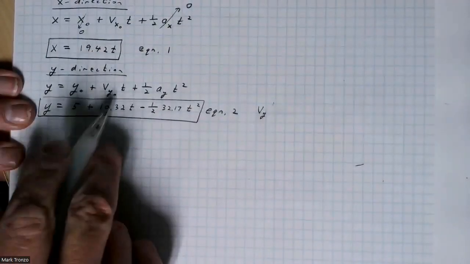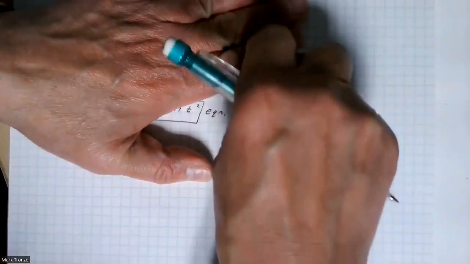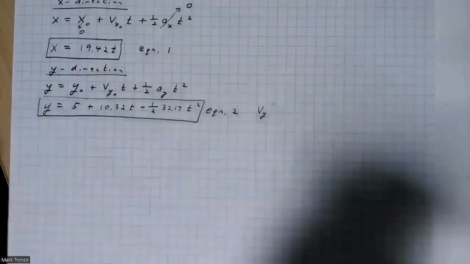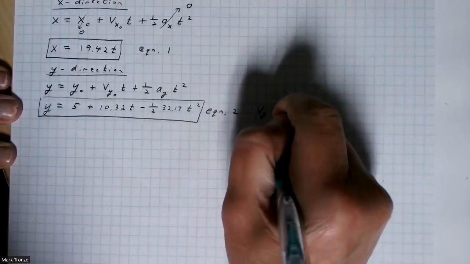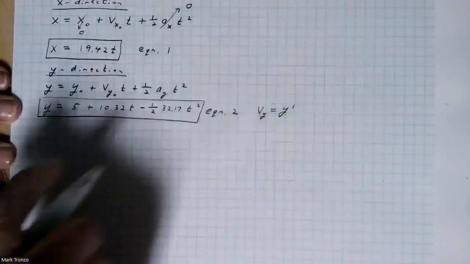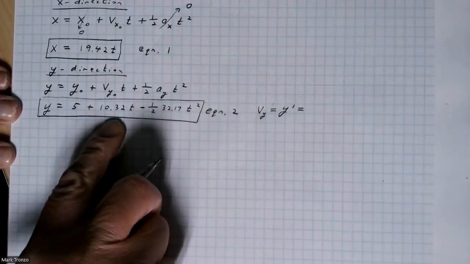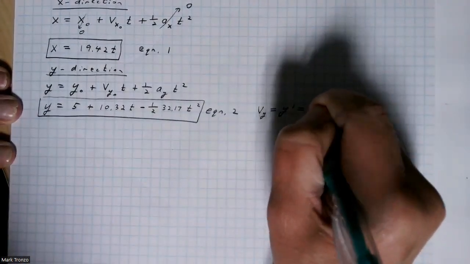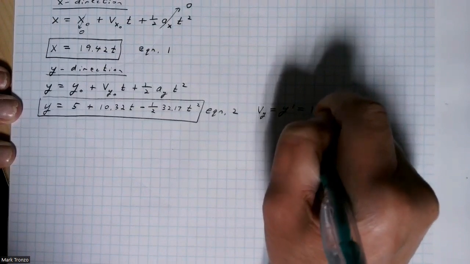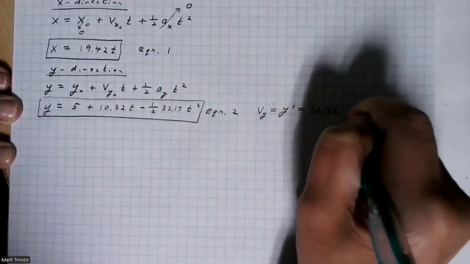Remember over here, we just had y naught, the initial velocity. But now we have to find the general equation, and that's going to be the derivative of this with respect to t, and that will be 10.32.